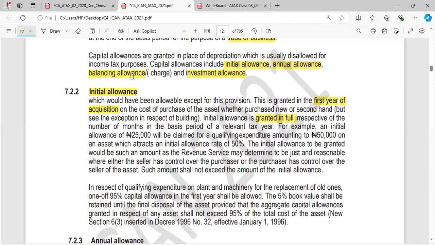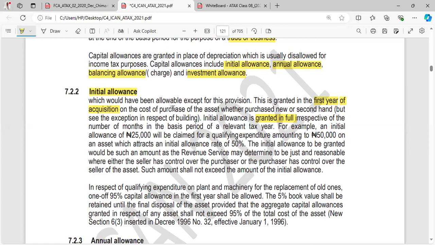Even if you get your registration number on the last day of the year, ICAN will still ask you to pay. So it doesn't matter whether you put the asset into first use on January 1 or on December 31st.